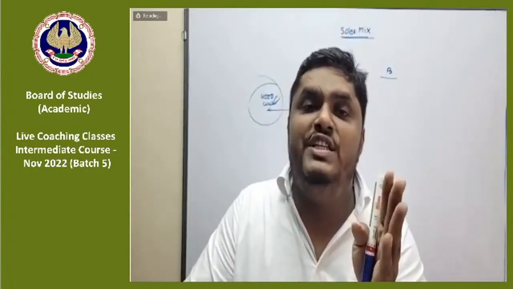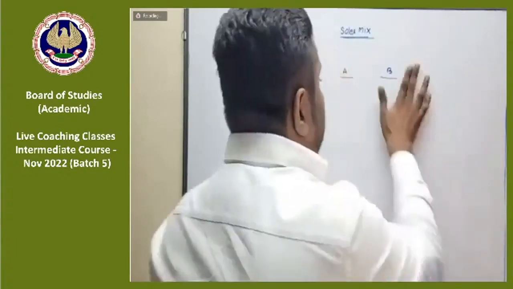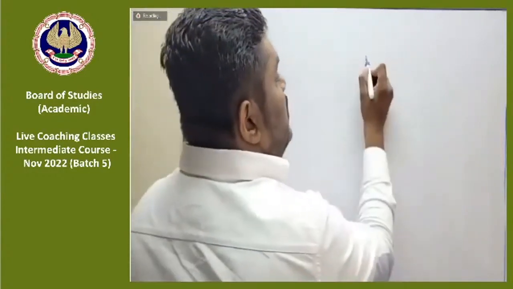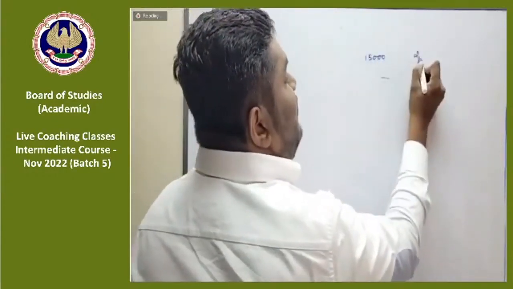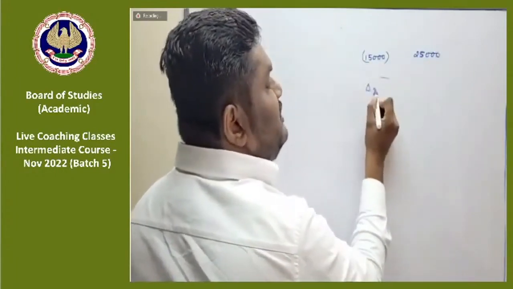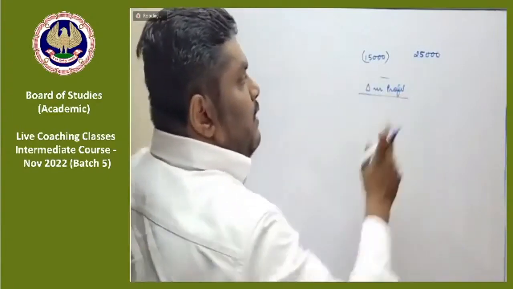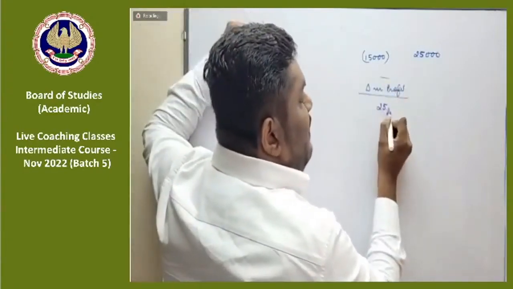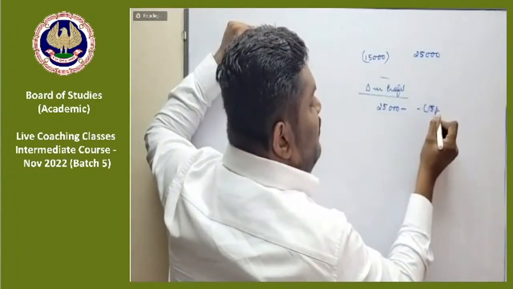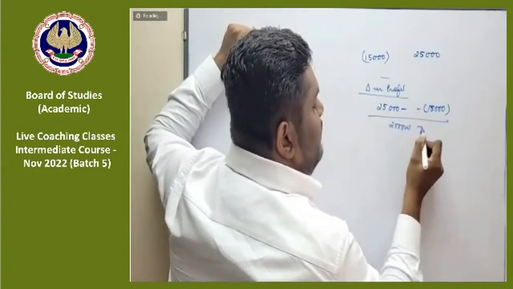When talking about change in profit, the first year there was a loss of 15,000, and there was a profit of 25,000. So when talking about change in profit, 25,000 minus minus 15,000 we have to find out, divided by 2 lakh minus 1 lakh.